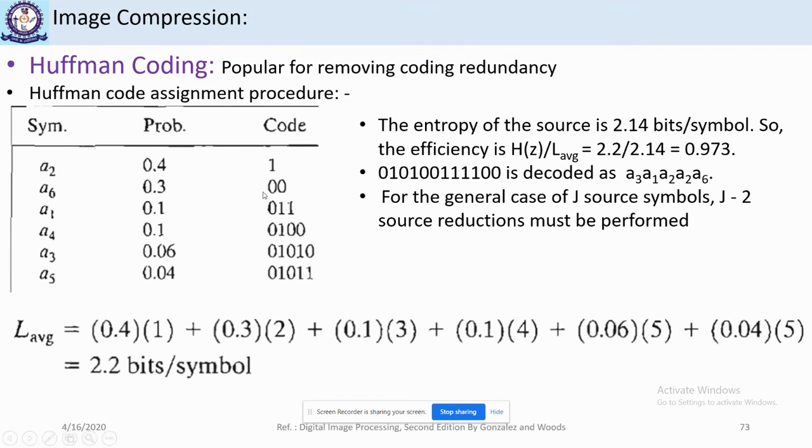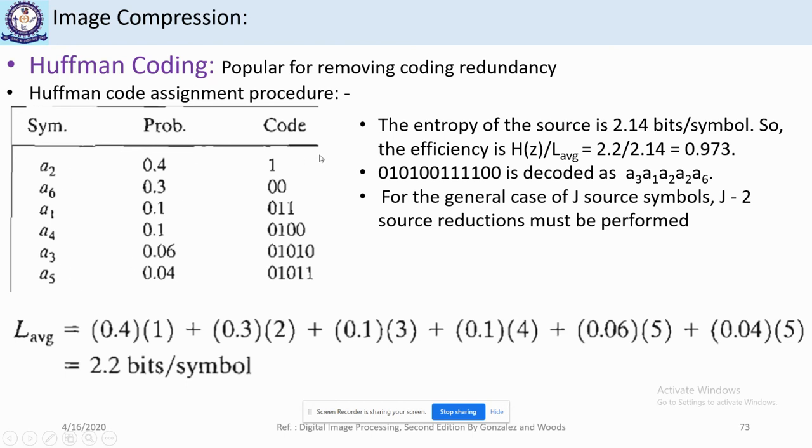Now, if we want to find the average bit length per symbol, how do we find it? We have the formula: summation from k equal to 0 to L minus 1 of P_k multiplied by l_k. That means we simply multiply the code length by the probability of occurrence of that symbol.